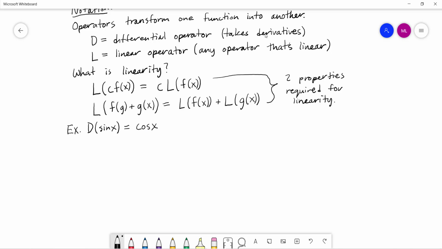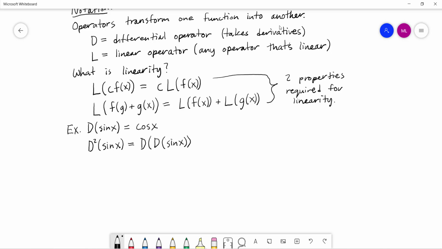What if I wanted to take the second derivative? Notation-wise, what we would write is D squared of sine of x. And this is, again, a notational thing. You could think of it as D of D of sine of x, right? So the first inner D will take the derivative of sine of x, and then the outer D will take the derivative of that. And so that we don't have to write D parentheses D parentheses D if we're taking higher and higher derivatives, we'll just put D raised to some power.